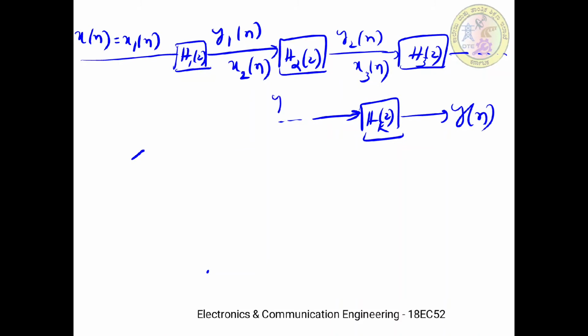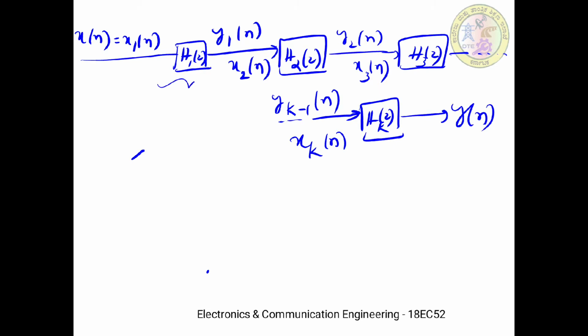And it receives y k minus 1 of n as the input, which is nothing but xk of n. So this is the block diagram version.